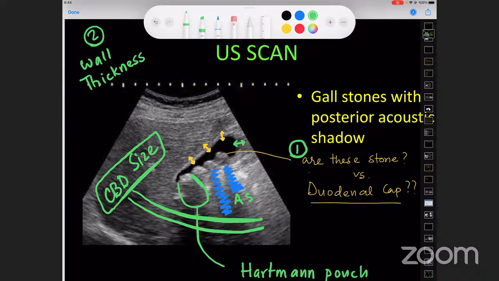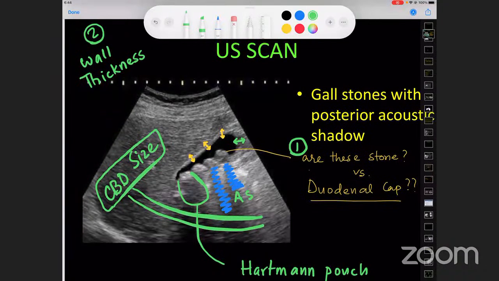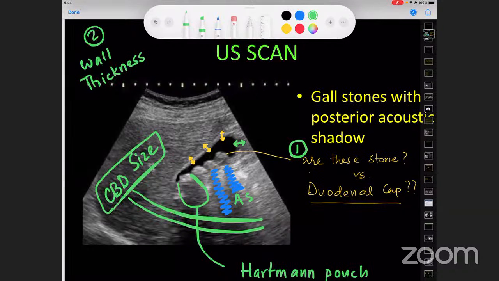One is the common bile duct, and immediately behind is the portal vein. It's like a double-barrel rifle, except that the lumen of one of these barrels is far thinner than the other, because the portal vein should be bigger than the bile duct. If the bile duct lumen is as thick as or even wider than the portal vein, then you might have a problem with obstructive jaundice. So that is something you need to think about.